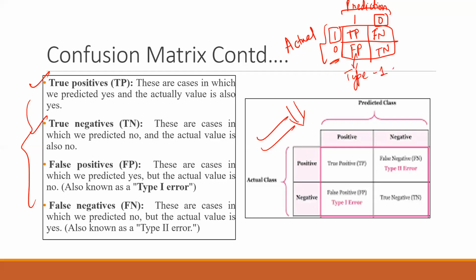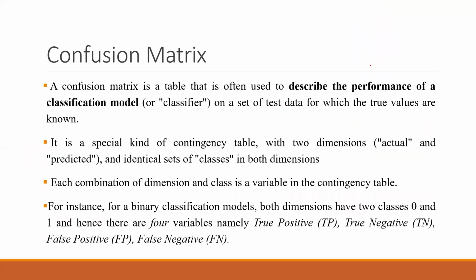And if it was actually 1 and you are calling it 0, the false negative is called type 2 error. So it's just a name you have to remember. Type 1 error is false positive, type 2 error is false negative. So this is a thing to remember in this case.